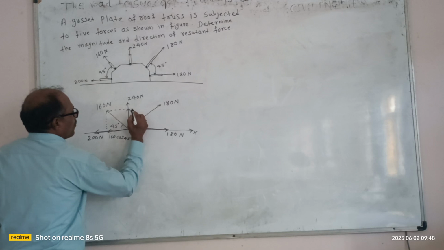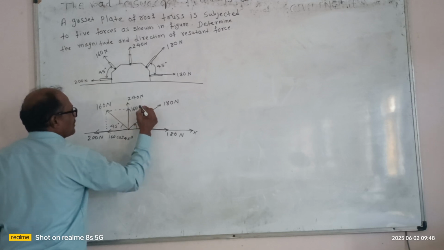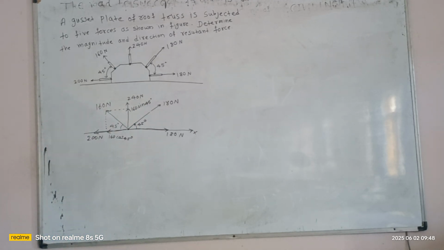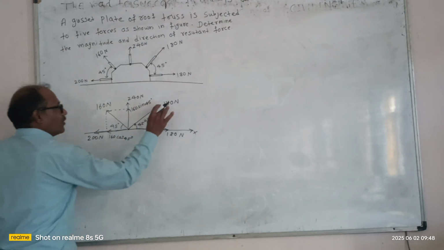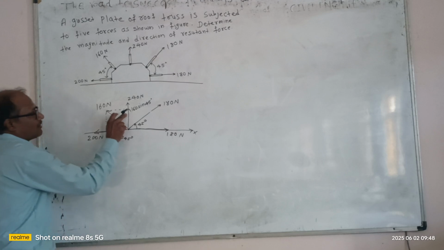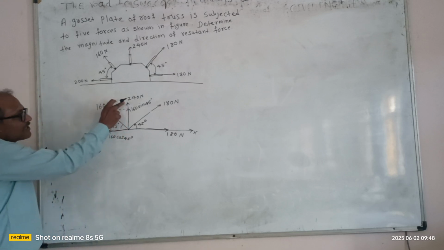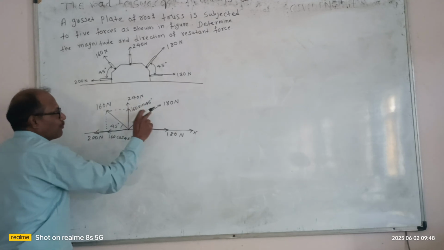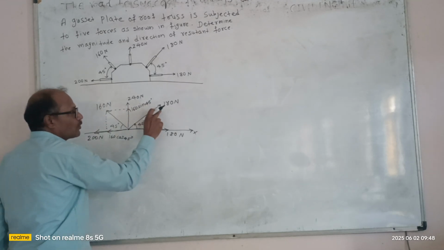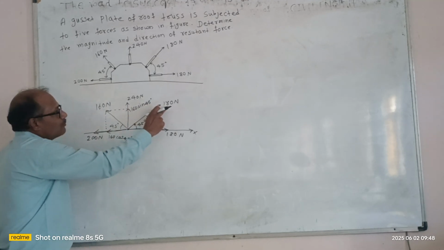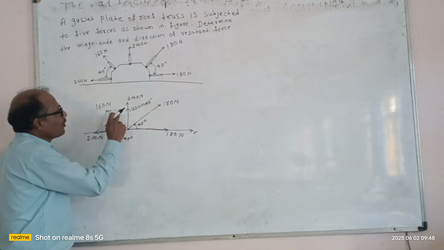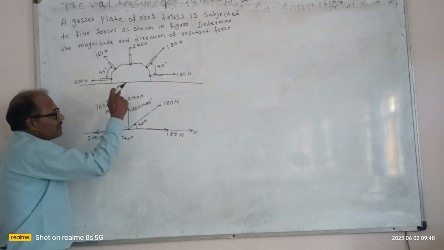It is 160 sin 45 degrees. Similarly, this 240 Newton force is perfectly in the y direction, no need to resolve, but we need to resolve this other force also, because it is not perfectly in the x direction and not perfectly in the y direction.